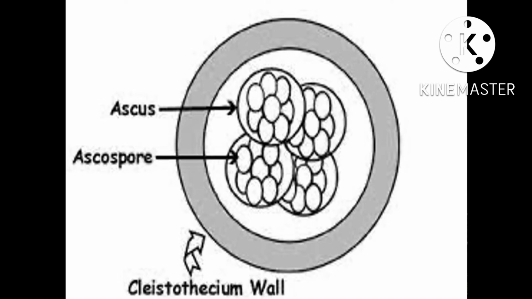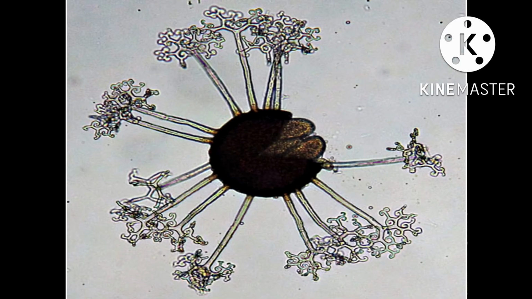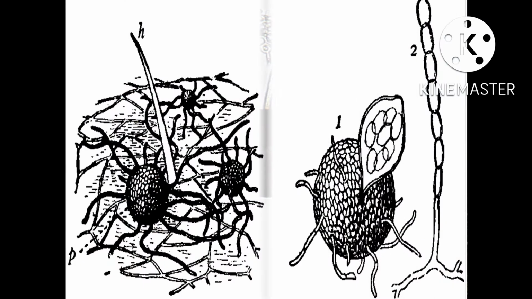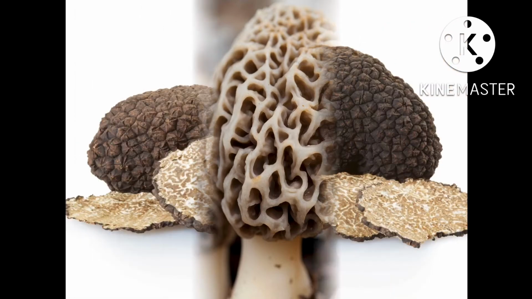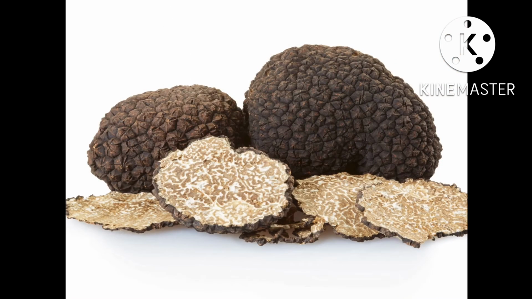It is a small spherical or ovoid indehiscent fruiting body which is completely closed on all sides. Examples are Erysiphe and Sphaerotheca. The ascocarps of some Ascomycetes are edible, like morels, truffles, etc.